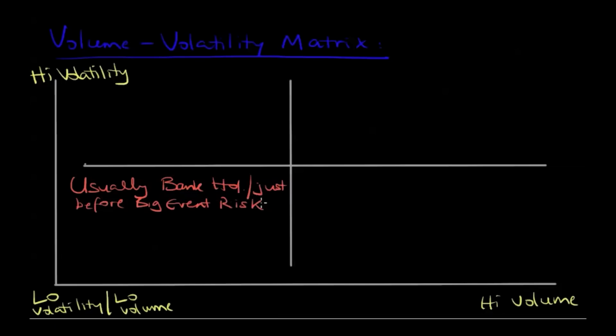So, for example, the day before non-farm payrolls, the day before a massive ECB event, the market's kind of squaring off. If it's kind of found its value and it doesn't have any more pricing to do, it usually just doesn't do much. Very little volume, very little volatility.